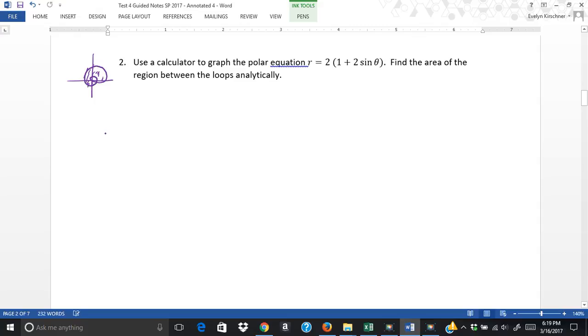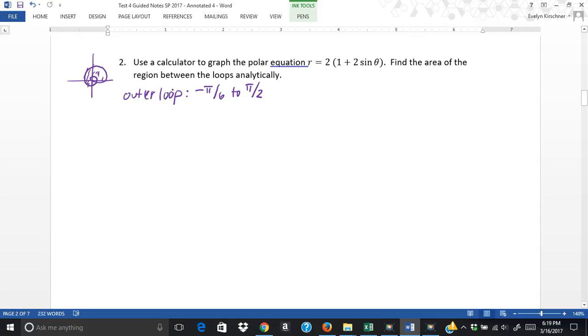So if we look at just from here to here for the outer loop, I can integrate from negative pi over 6 to pi over 2 to get half of the outer loop in a single part.